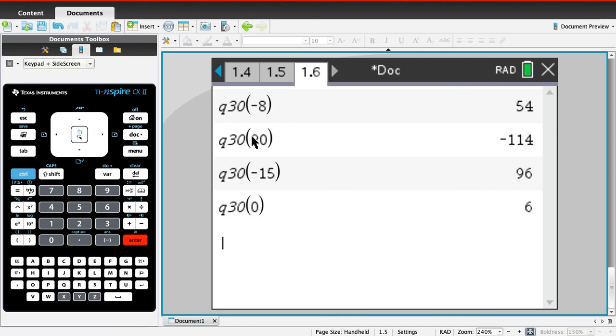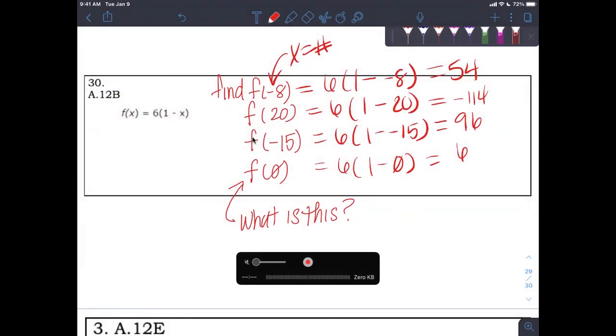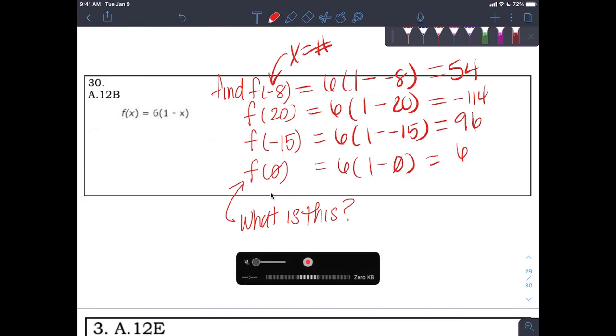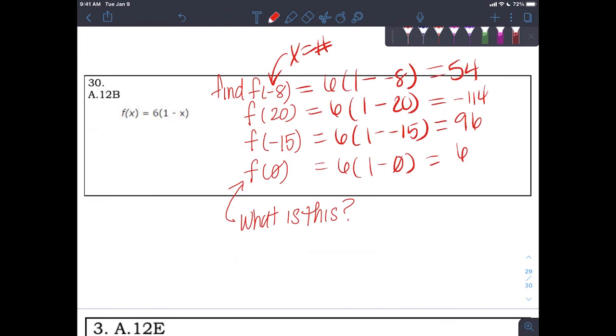So I can actually get all the information that I need by doing this, because we already know how to do it by hand. So I got it filled in, and I'm done. I do want to answer this question. This f of 0 is going to give me my y-intercept, where it touches the y-axis, my b value in y equals mx plus b.